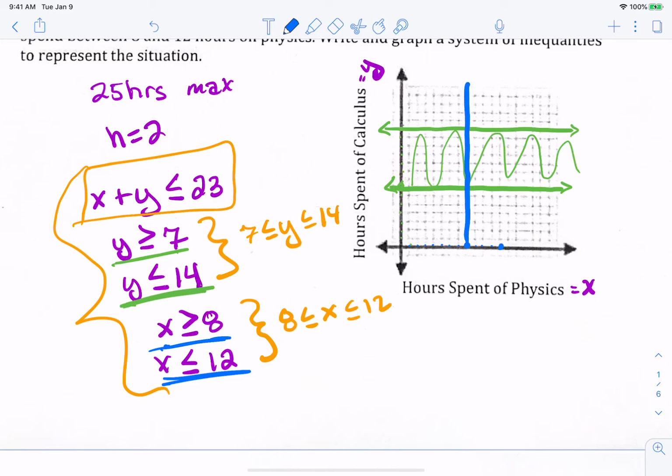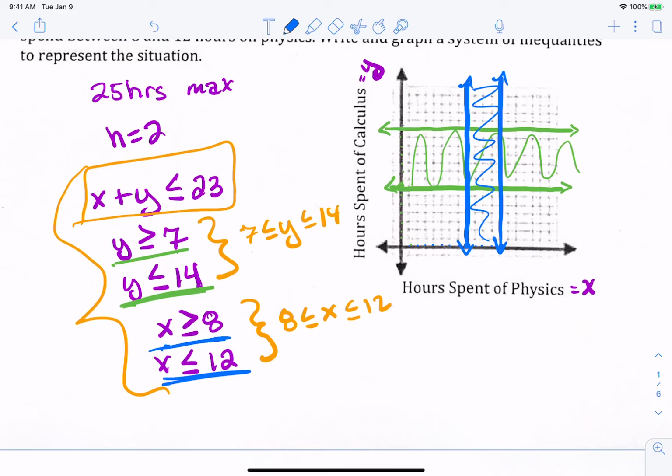I'm really terrible at these lines. There we go. It has to be between those two. Now we have a region. You see that little rectangular region that is doubly shaded in the middle there? But we're not done graphing.